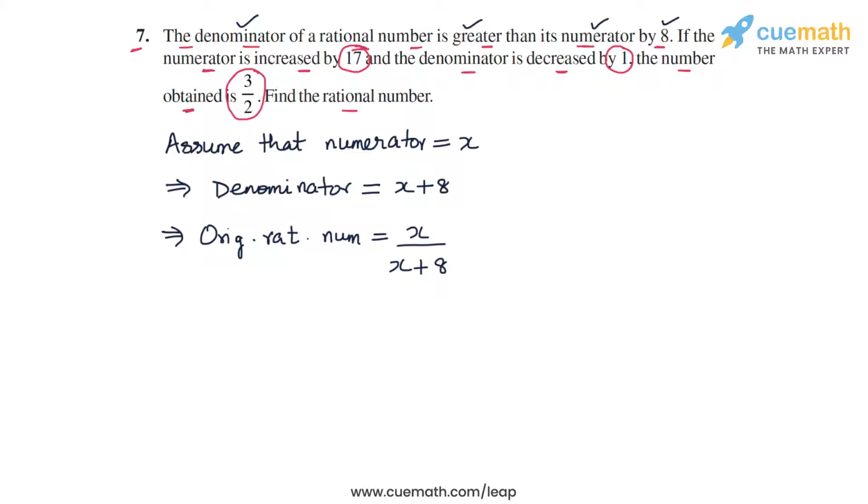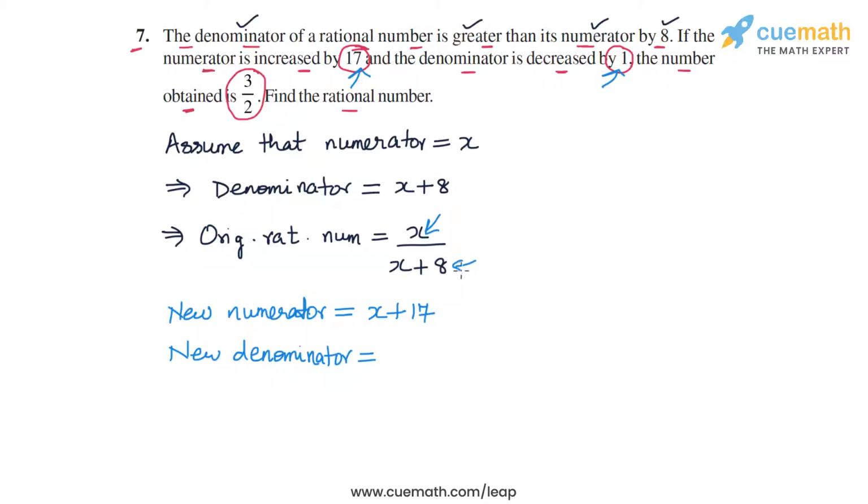Alright, now we are told that if the numerator is increased by 17 and the denominator is decreased by 1, so the new numerator, which we get by increasing the original numerator x by 17, will be x plus 17, and the new denominator will be the original denominator, which is x plus 8, and you subtract 1 from it, so x plus 8 minus 1, so x plus 7.